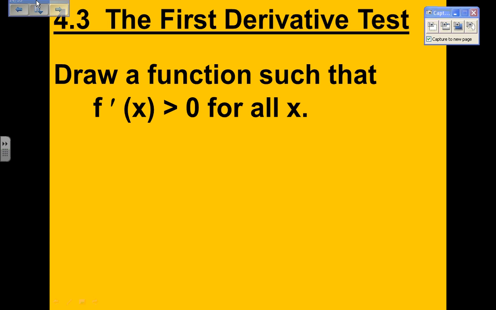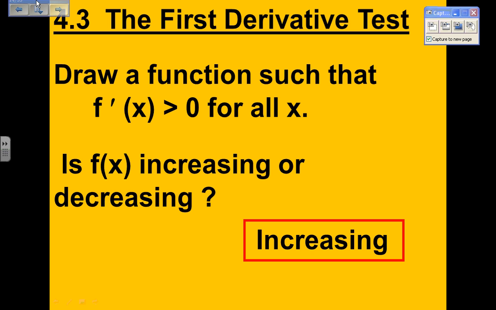Positive means it goes up from left to right. If it goes up from left to right, that means your function's increasing from left to right. So, you could draw a line. You could draw a cubic. You could draw a square root, all increasing. So when the derivative is positive, that means the function's increasing.